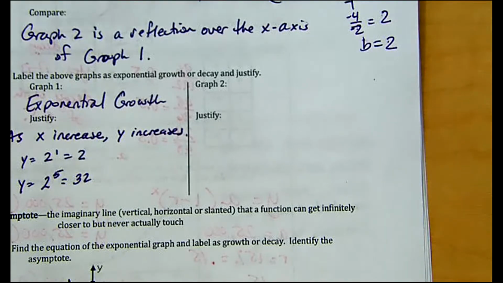Remember that decay, right? As x is increasing, y is decreasing towards 0, or the asymptote. Think about it. Growth or decay?